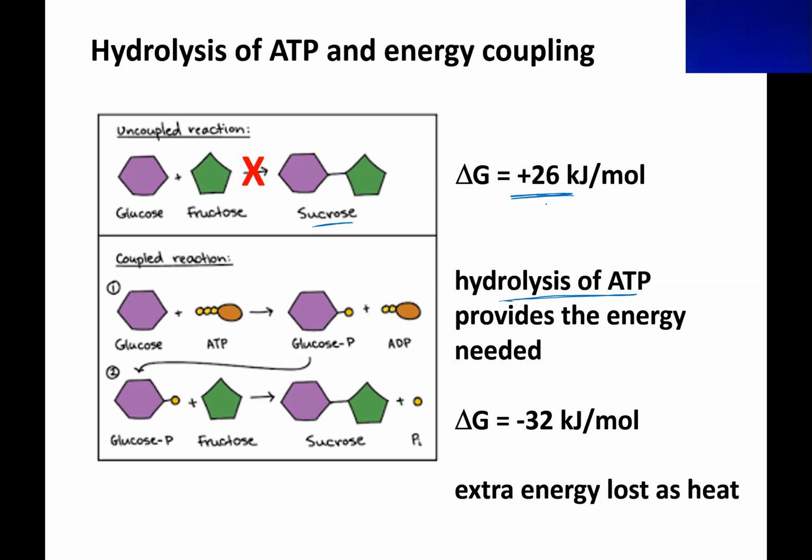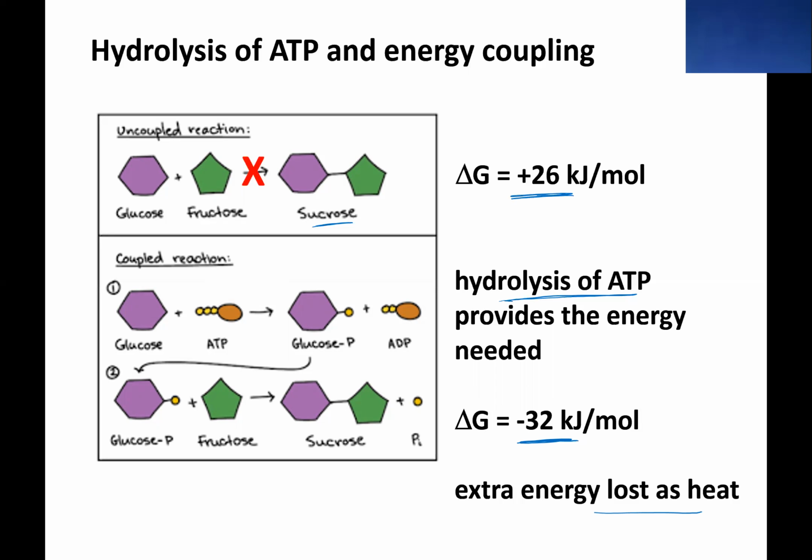And you can see that ATP is going to release 32. You only needed 26. We get some heat made. That's what happens to extra energy from a reaction: it's given off in the cell as heat. We can't use heat for work, so the cell tries to be efficient and couple reactions together.